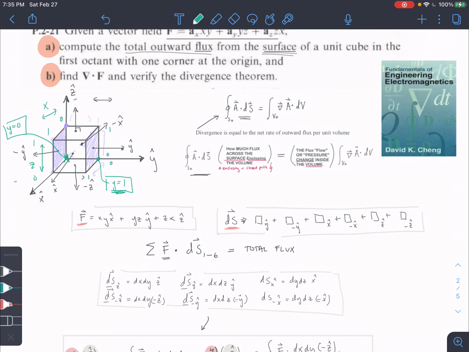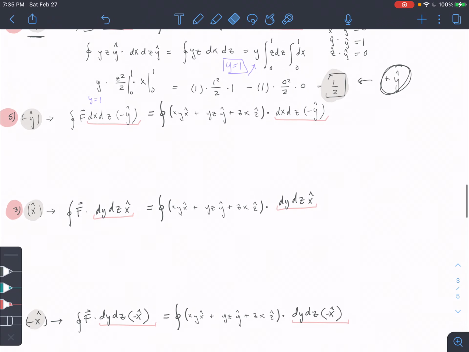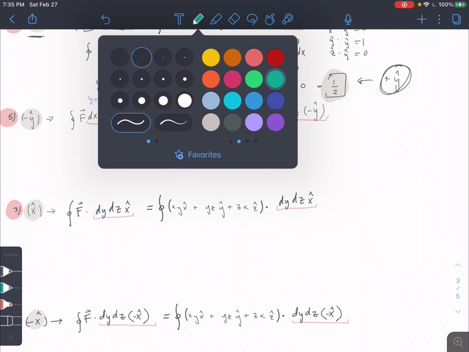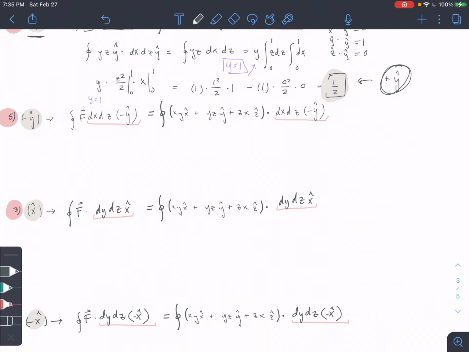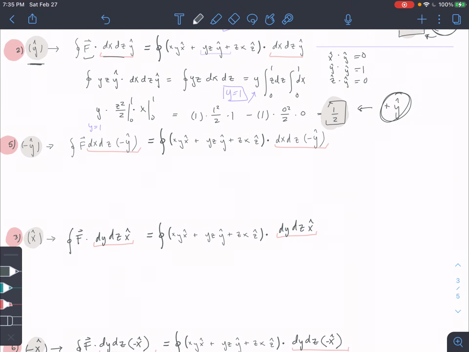Okay, so let's plug in those numbers that we have and take a look at what that means for our integral. So z from 0 to 1, and our x from 0 to 1, and then our y equals 0. Okay, so we're taking a look at this. We're going to notice that the similar terms cancel. Feel free to work that one out for yourself to prove to yourself that that is true.